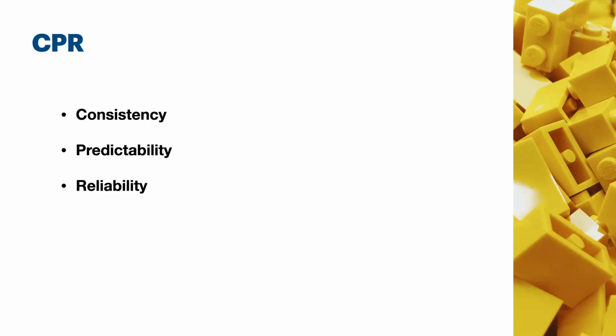And what we heard from them was interesting, because we didn't hear that they felt super strongly about one particular feature architecture or exactly how we did dependency injection. What we heard was that they wanted us to increase, what you see here, CPR, the acronym we came up with: consistency, predictability, reliability. So that was what was important to them.